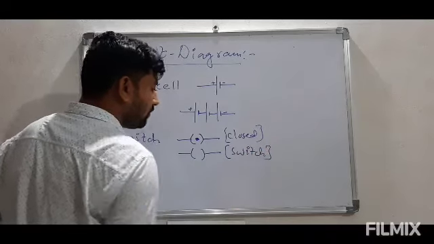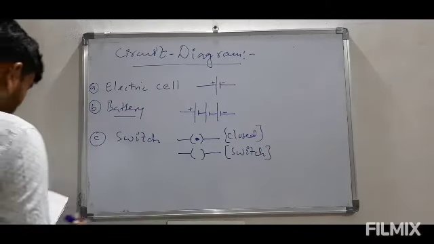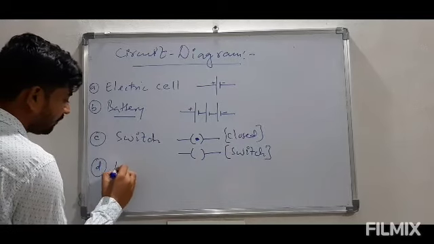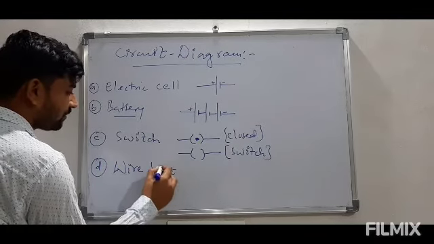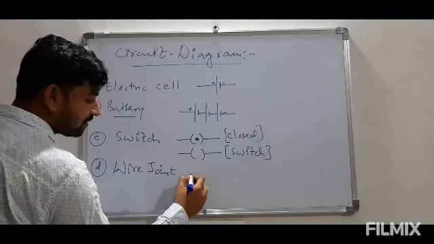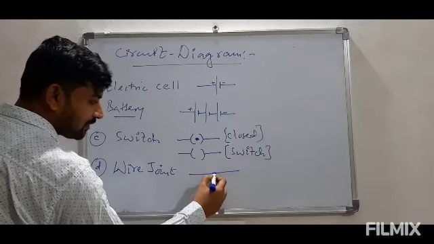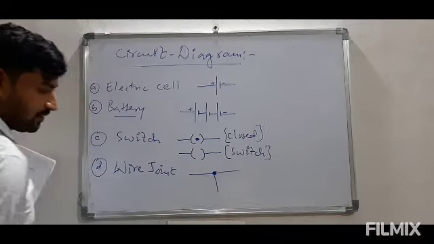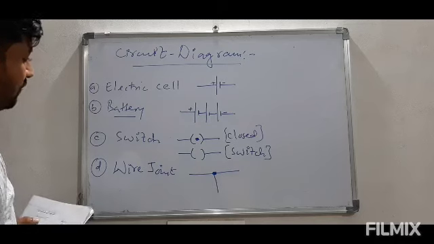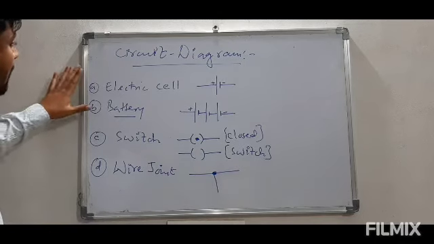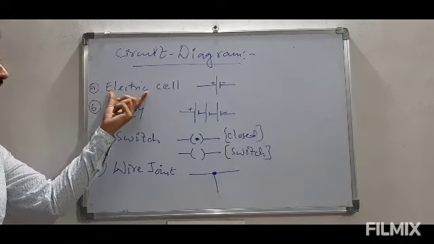So this is the symbol of the switch. Next is wire joints. In a circuit, if there is some joint, then a wire joint is represented this way. Some wire is going in between, some other joint is there, then we can represent the symbol like this. So these are the first four symbols which we have to use. The components are electric cell, battery, switch, and wire joint.